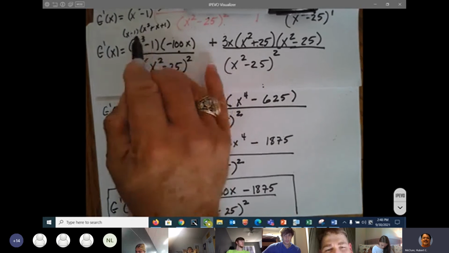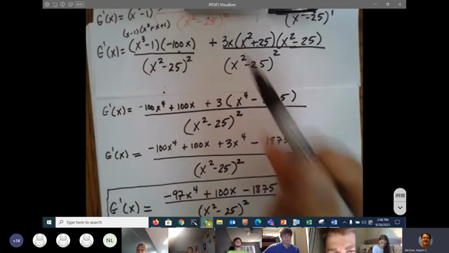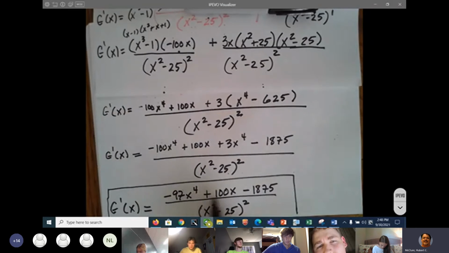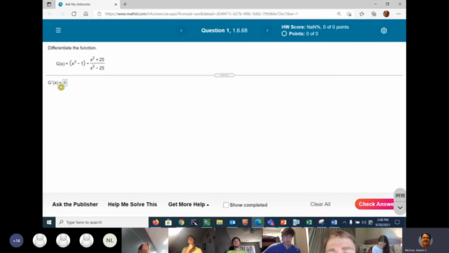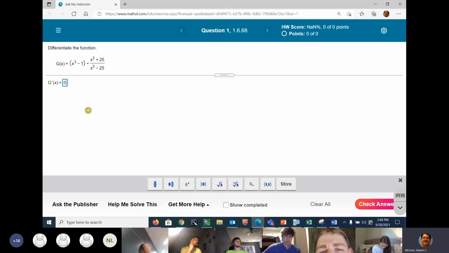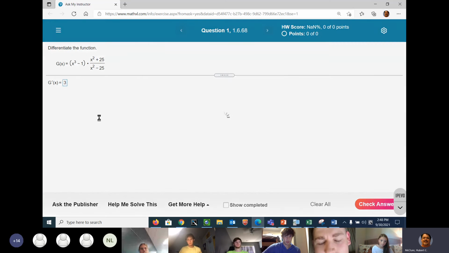If not, you could have expanded that x cubed, and you could maybe factor that. Let's see what they got as an answer, and if they even took it that far. G prime of x, 0. That's a good guess. G prime of x is equal to 3.